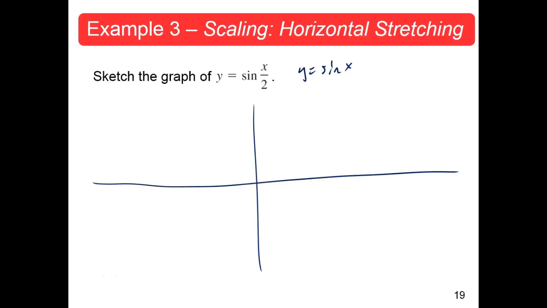Now, I'm going to cheat a little bit. I'm going to start this one out here at 4 pi. I'll put this at 2 pi. I'll put this at pi. This at 3 pi. I got the 3 in there this time. Minus 4 pi. Minus 2 pi. Minus pi. And minus 3 pi.